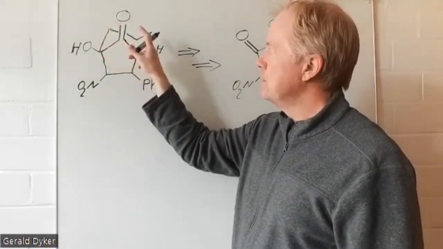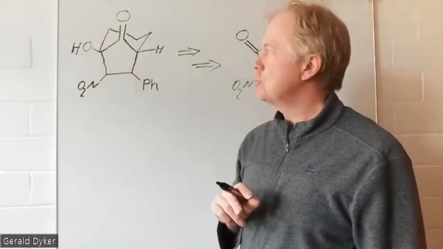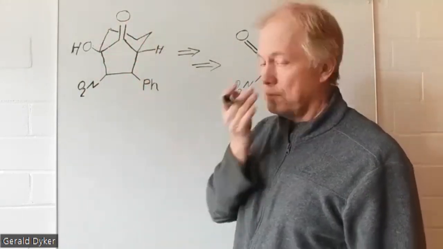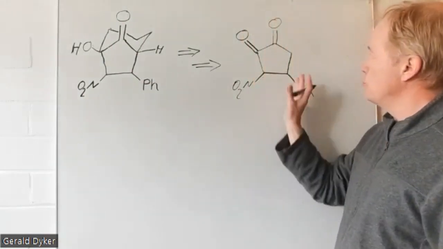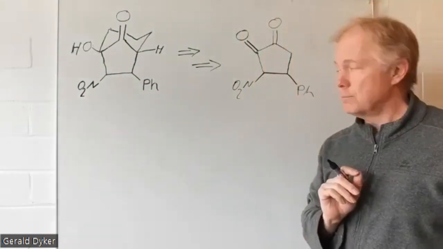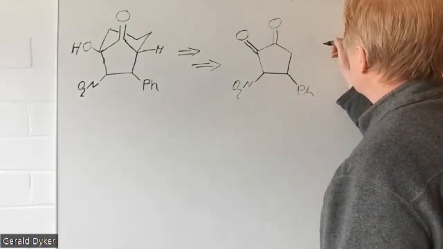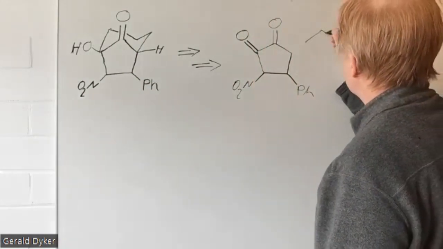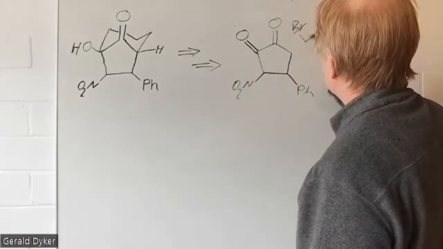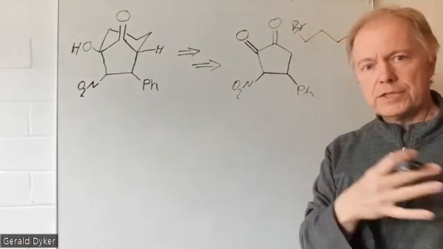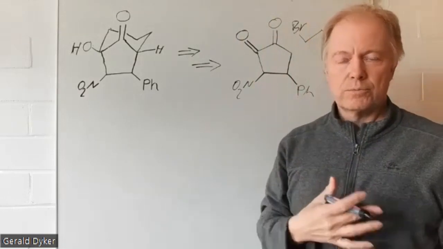this three-membered carbon chain to the five-membered ring, and that would lead us to this starting material. And in addition, for instance, to the simple 1,3-dibromopropane.